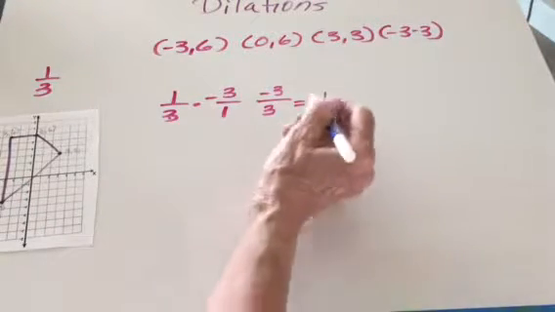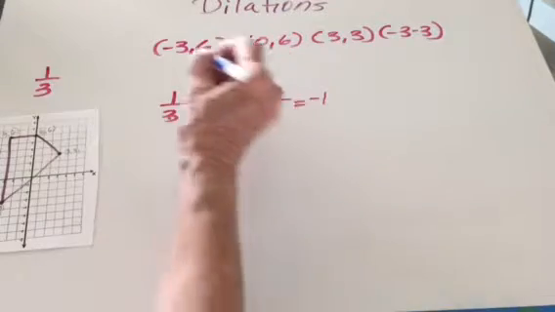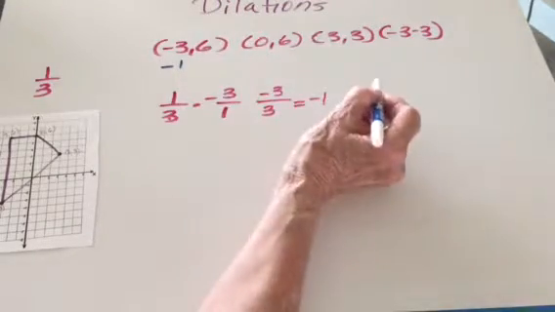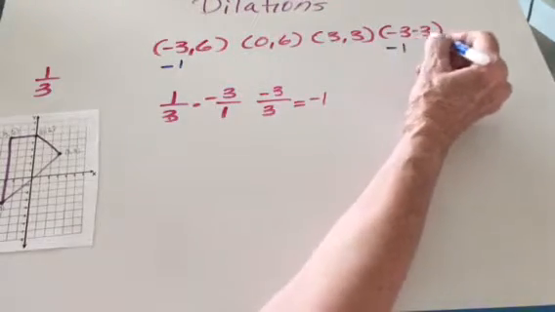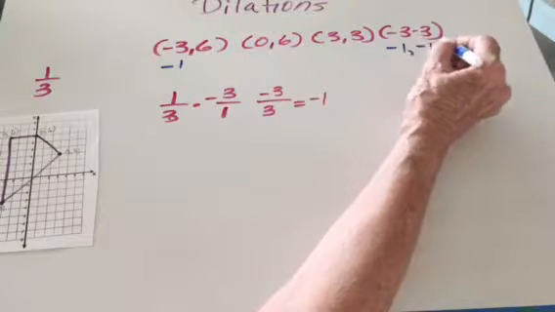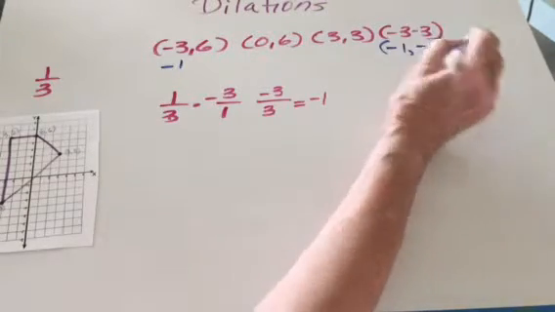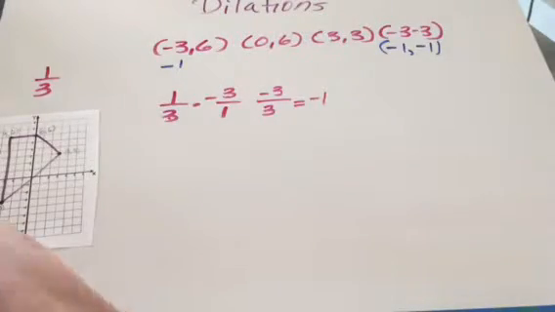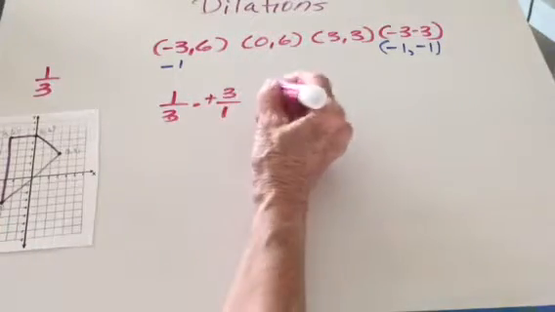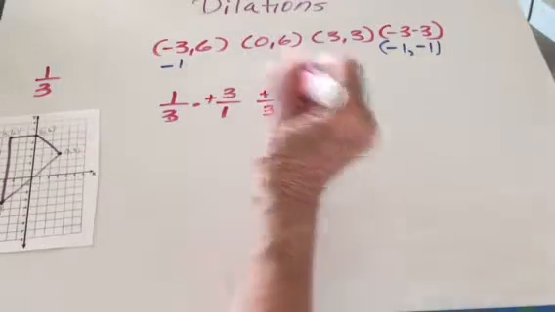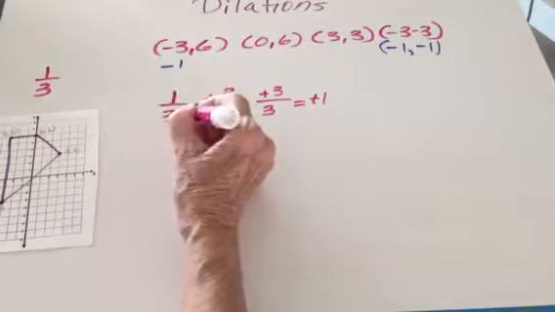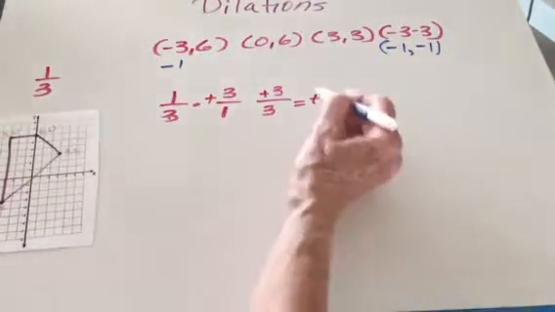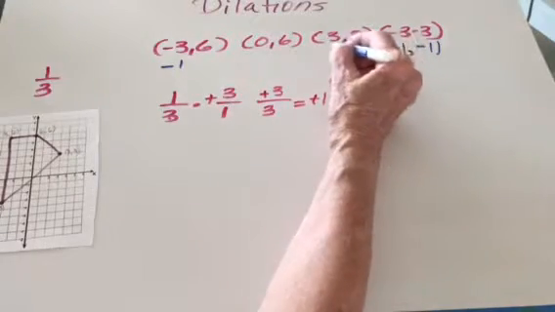Every time I see a -3, I'm going to say -1. Well, what happens if I say +3? Well, then isn't it just +1? So 1/3 of 3 is going to be 1. So every time I see a 3, I'm going to put a 1.